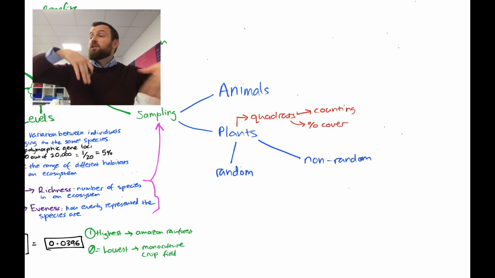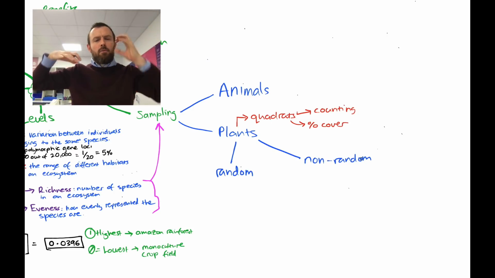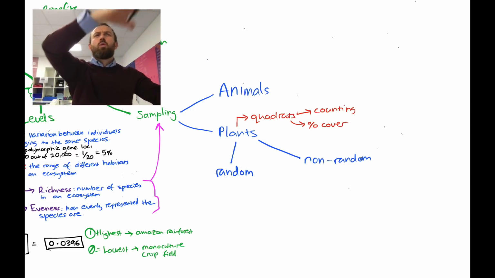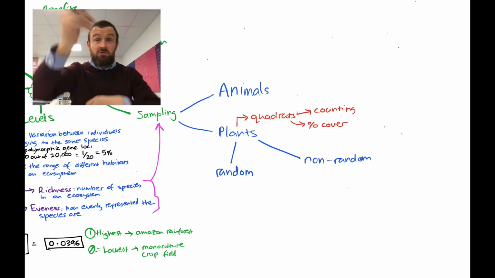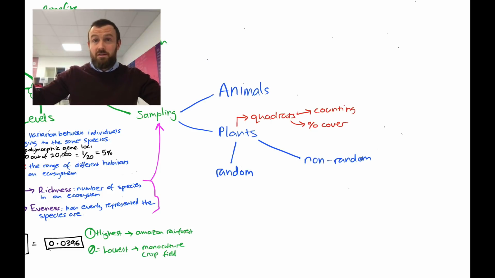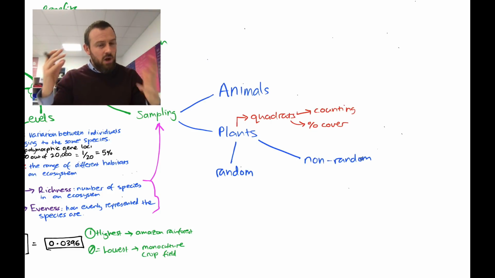So you've got a field that is relatively homogeneous, which means it's basically all the same kind of area. And we just want to go out there and throw some quadrats around and see what's out there. We don't just go out and throw them around because that might be biased. So we want to use some better method.